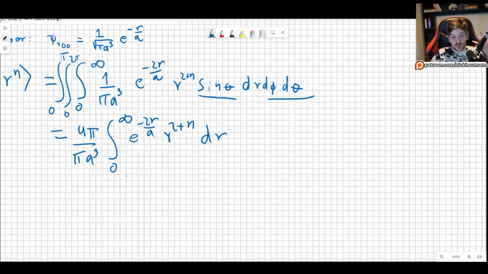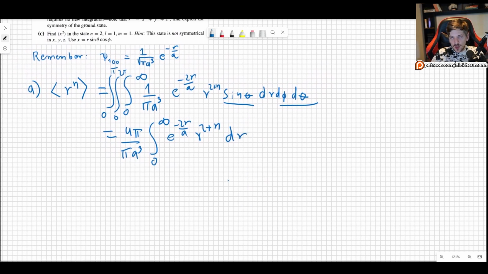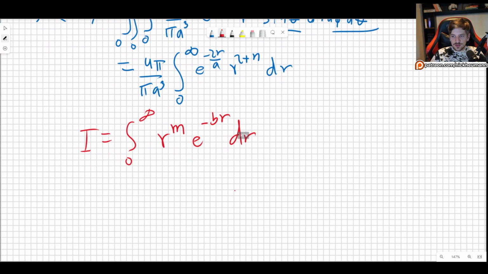And we know what this integral is. We have solved it repeatedly on this channel. I will give you again the idea and the notion of how you can solve it. So whenever you have an integral of the sort 0 to infinity of r to the m, e to the minus br dr, then what you do is simply put a new variable.